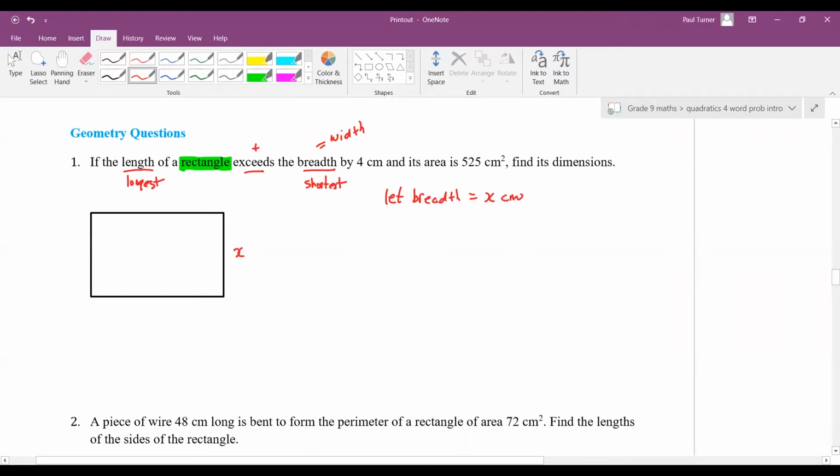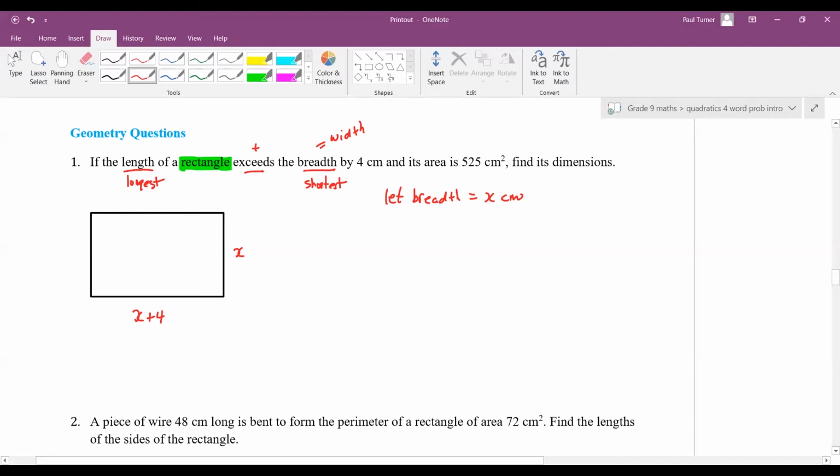And here it says the length of the rectangle exceeds the breadth by 4. So if your breadth is x, the length is going to have to be x plus 4 centimeters longer, like that. So we're trying to set up this equation, and that's what you need to do in each question. And that's the trickiest part. Actually solving the equation, you know how to do already.